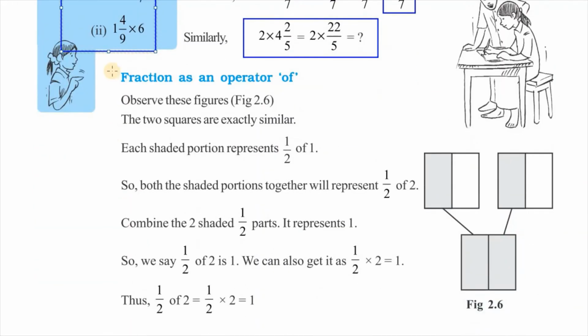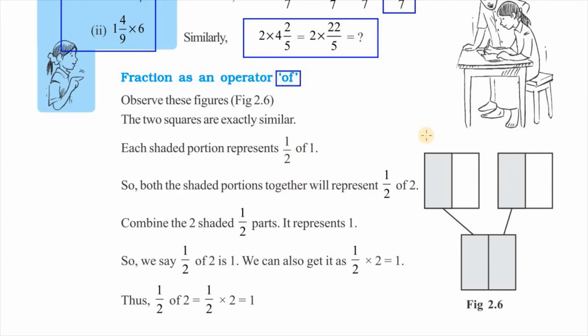Let us try the next section, fraction as an operator of. Observe these figures. The two squares are exactly similar. Each shaded portion represents half of 1.